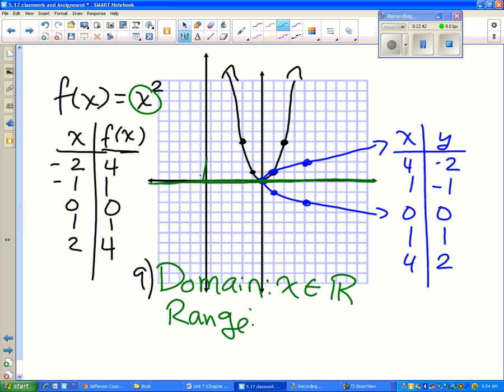It's going to give me numbers that are only above that green line or on that green line. So my range are y's greater than or equal to 0. It's never going to give me a point that's a negative for a y. They're always going to be above that green line. And now I'm going to take out that green line.